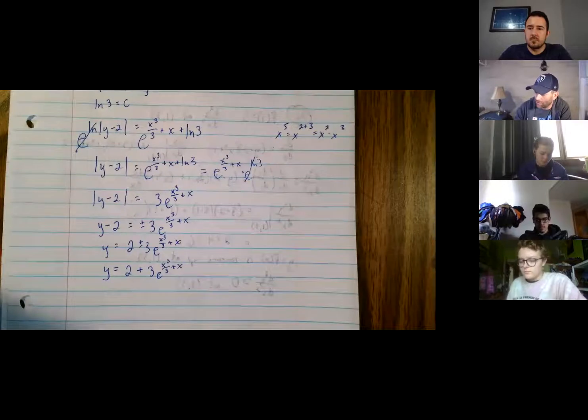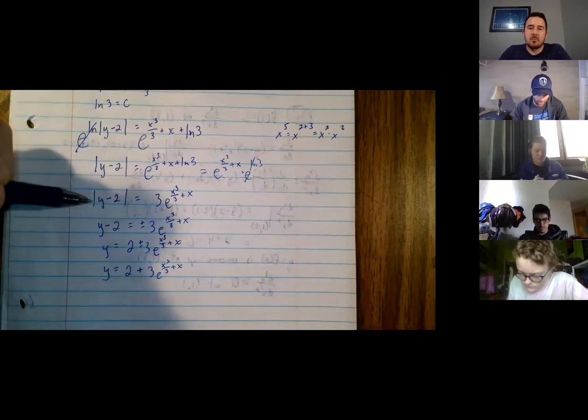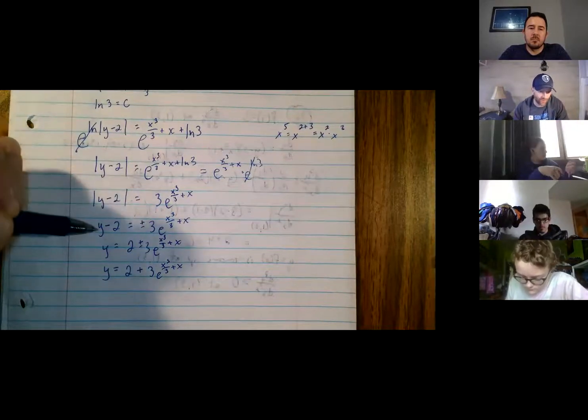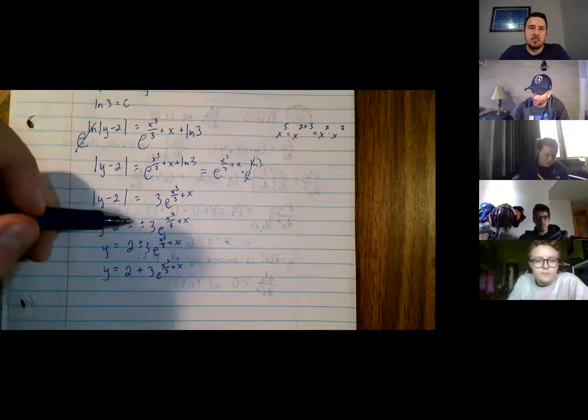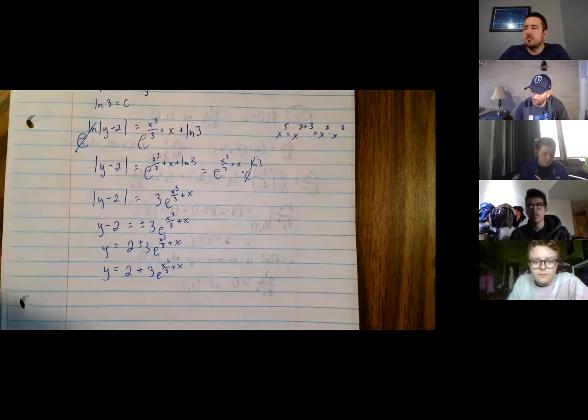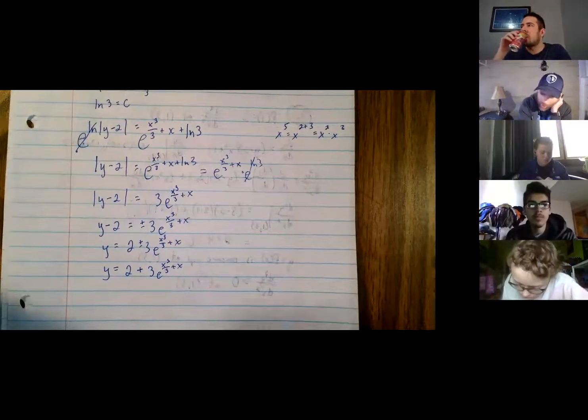Luca has a question. Would I lose points if I forgot the plus from the absolute value? Oh, that was an earlier question, right? Oh, okay. So Luca's saying that you went from the absolute value and you just had the plus and you never showed the minus? Okay.